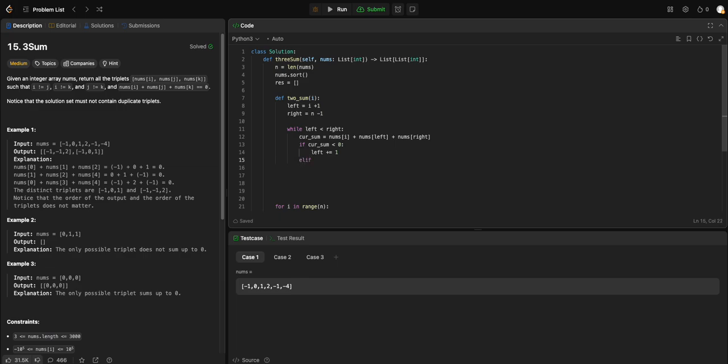Else if the current sum is greater than 0, we move right back, right?